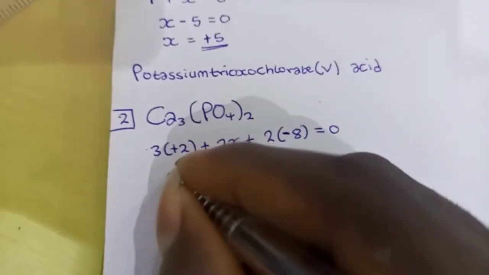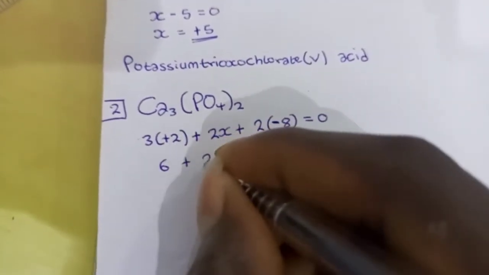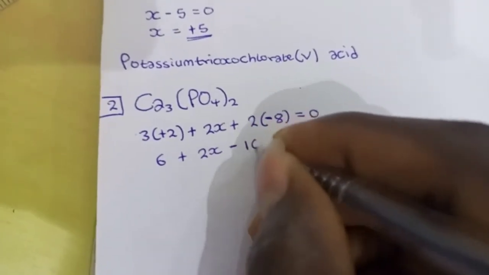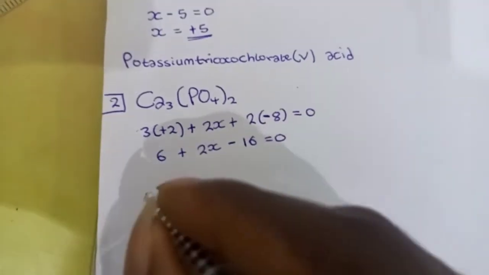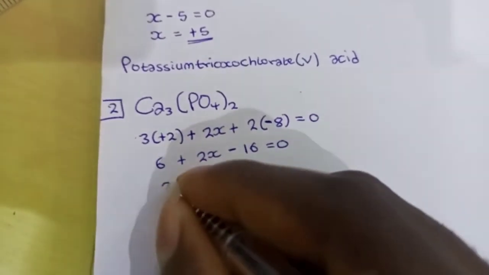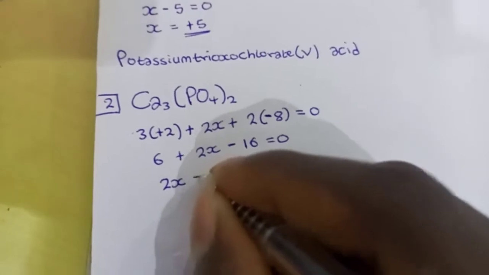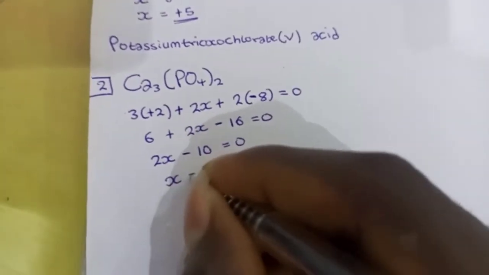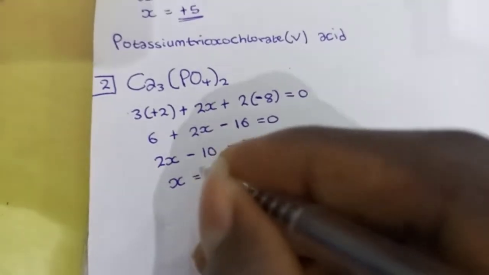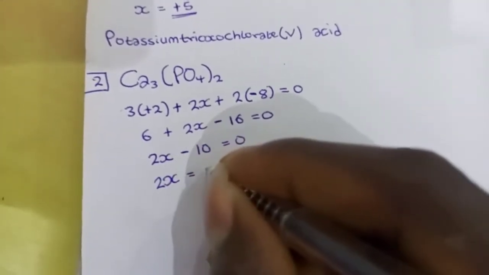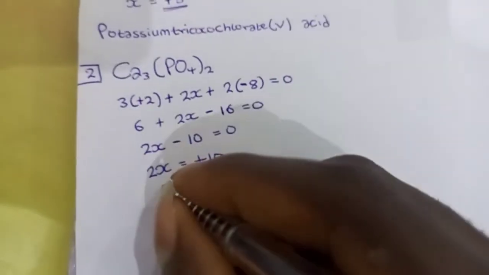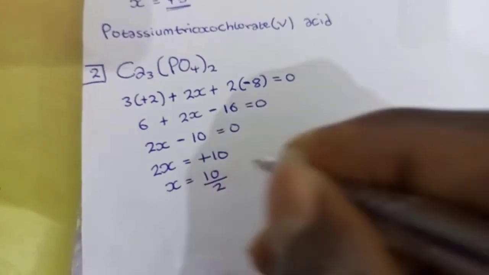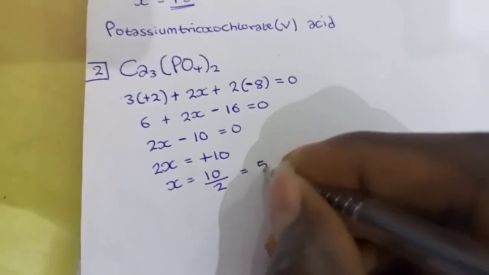So this should be 6 plus 2x minus 16 equals 0. That gives us 2x minus 10 equals 0, so 2x equals plus 10. So x equals 10 over 2, equals 5.